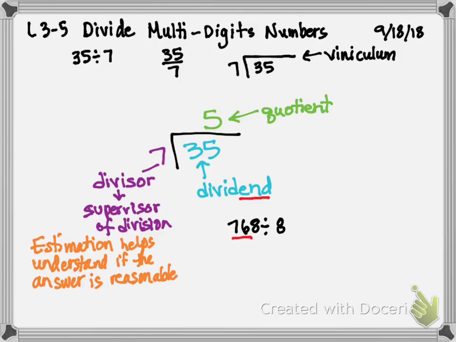So that's about 800 divided by 8, which would give me about 100. So my answer may be a 3-digit number, but since I'm rounding 768 up to 800, my answer would be below 100. Now, with compatible numbers, let me write that down.